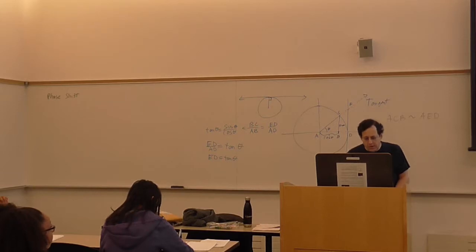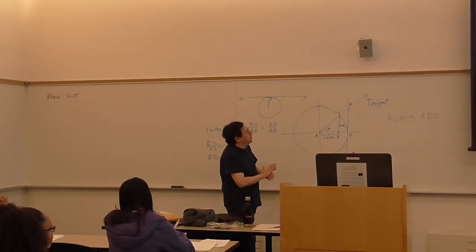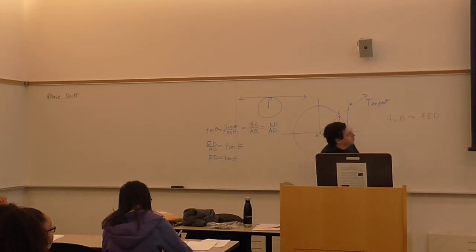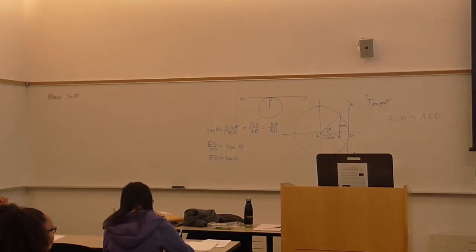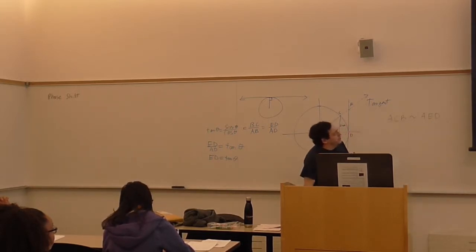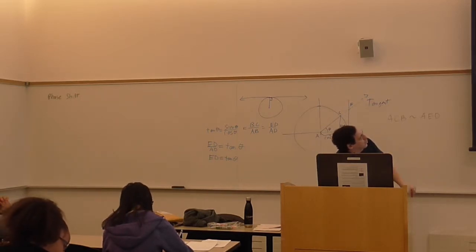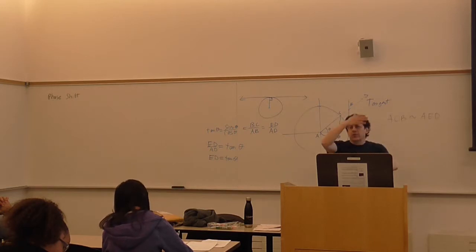Desmos likes COT, not CTN. Okay, so keep in mind the red line is the tangent, right? It's going through 0 here. And what does the cotangent look like? What's the cotangent doing? Well, it's upside down, right?